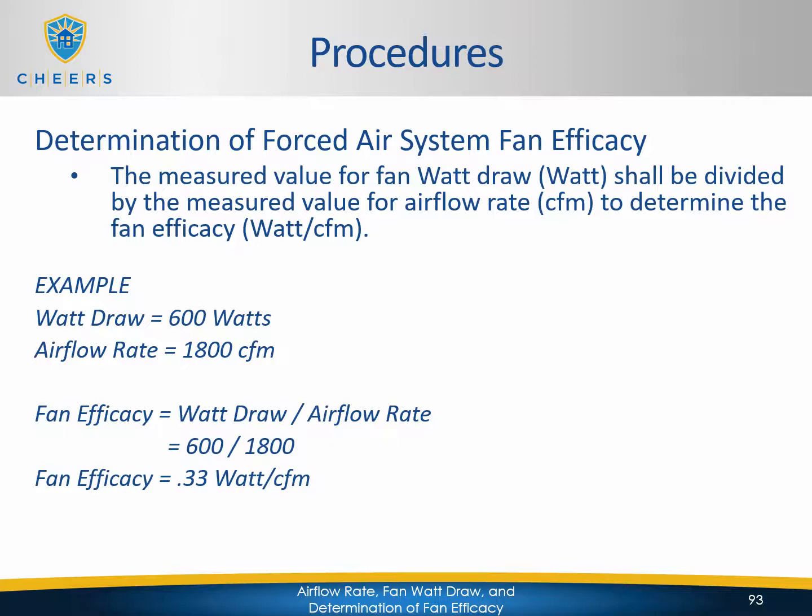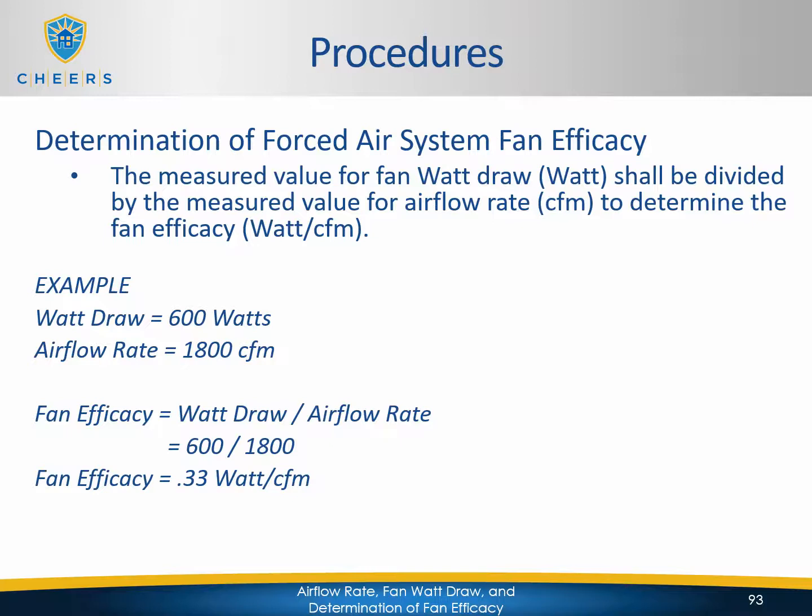All we're going to be doing is dividing the watt draw by the airflow rate, which is 600 watts divided by 1800 CFMs. That gives us a fan efficacy of 0.33 watts per CFM. So the measured value for the fan watt draw shall be divided by the measured value for airflow rate to determine the fan efficacy. So the fan efficacy for this particular scenario is 0.33.